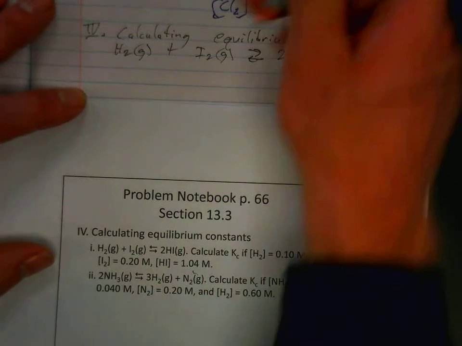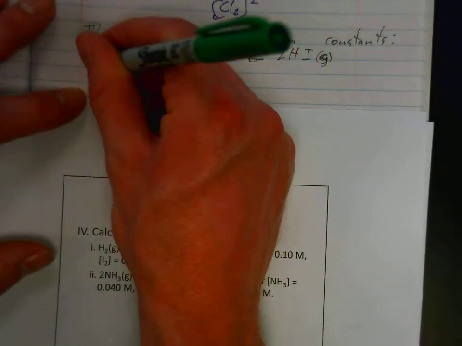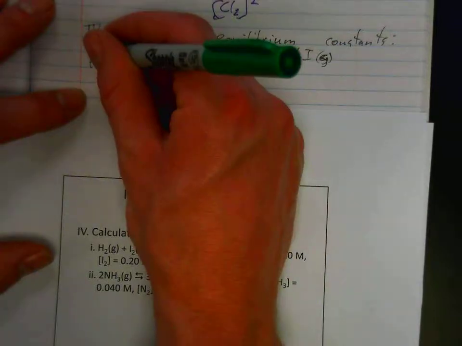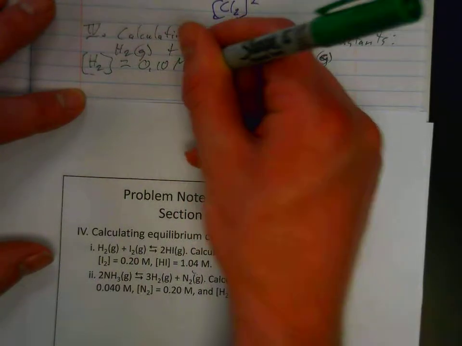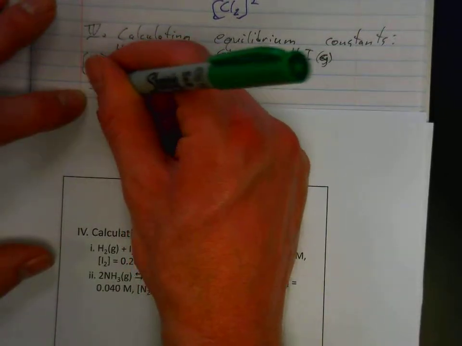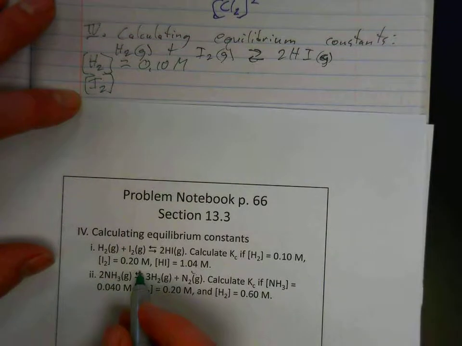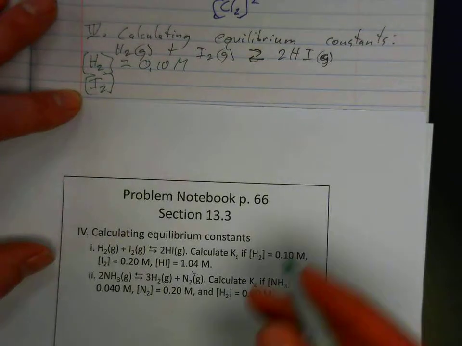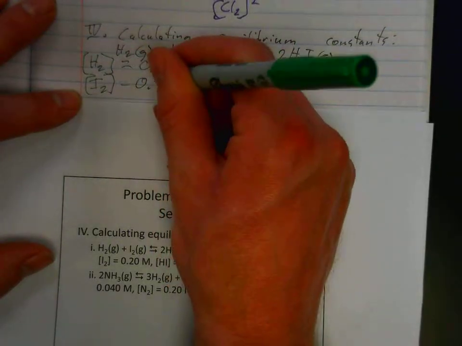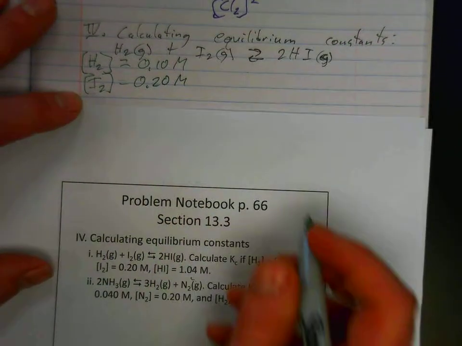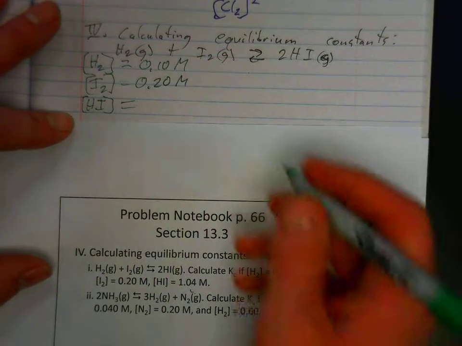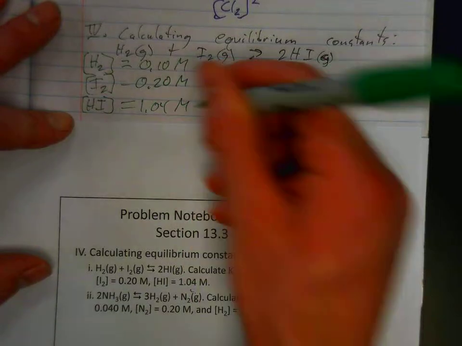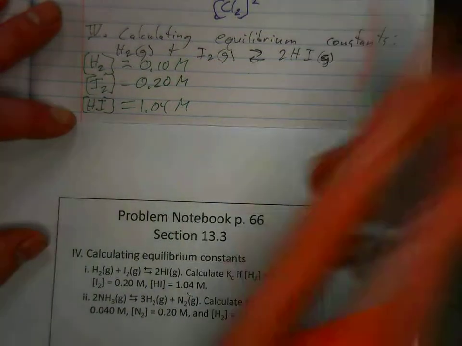So we have H2 concentration is 0.10 molar. We have I2, which is 0.20 molar. And then we have HI, which is 1.04 molar.